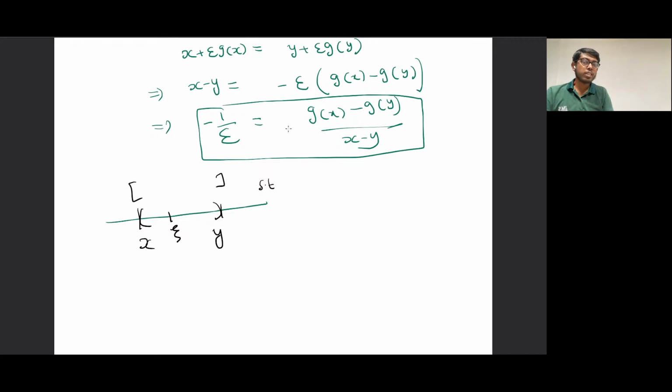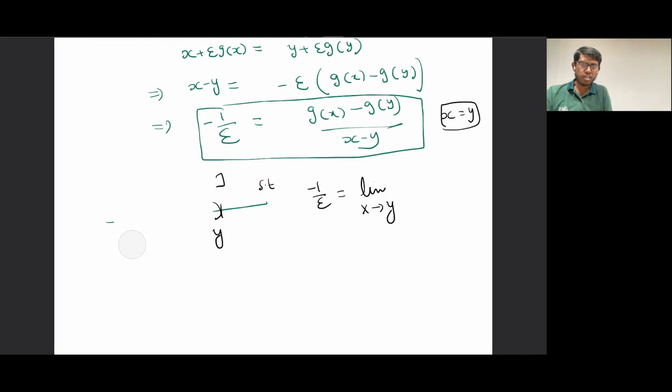Fine, but I know that x equals y, so I'll take the limit x tends to y. I'll not use the Cauchy mean value theorem, this is not needed here. Forget about that, sorry. Since I am assuming that the function is continuous and injective, that is, one to one, this means x equals y.